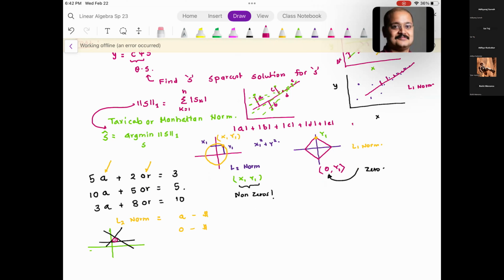So if you zoom in, you would notice that these three lines and the solution that the L2 norm is going to give you is something like this. This value is the solution given by L2 norm or least square.